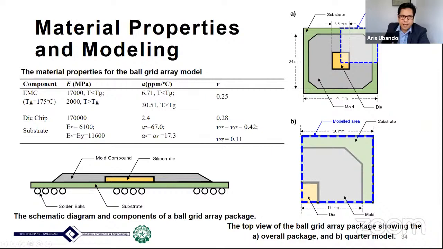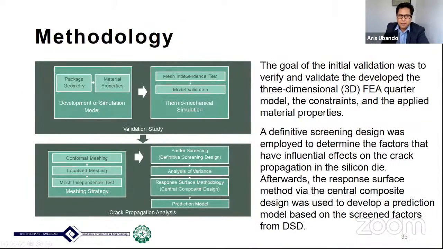We have applied a methodology wherein we develop the model, develop the geometry, and also gather information on the material properties. Then we conducted a thermomechanical simulation by initially doing a mesh independence test.